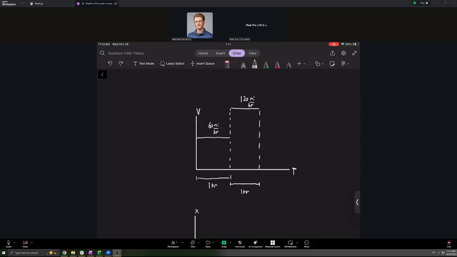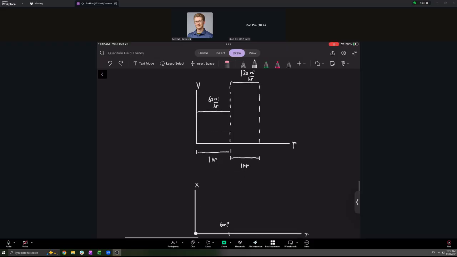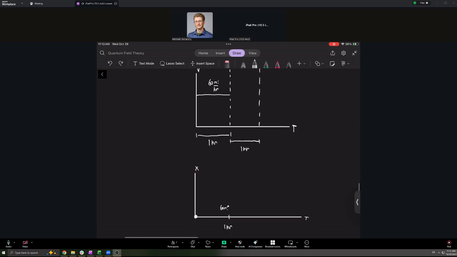I don't mean the total amount in which the car traveled, I just mean in the second hour. Well, this again is very, very simple. We see that in the second hour the car has traveled 120 miles. But then I ask you, in the total 2 hours, how far did the car travel? Well, that's also very simple. If in the first hour the car traveled 60 miles, and in the second hour the car traveled 120 miles, we know in total it has traveled 180 miles, because we just add the 60 to the 120.